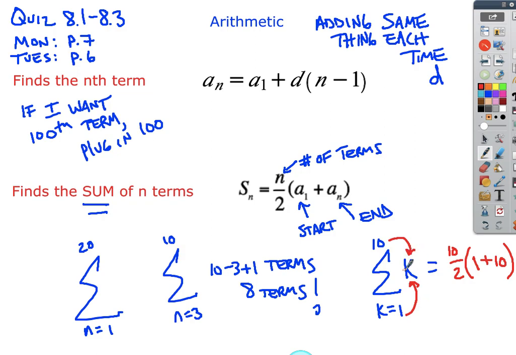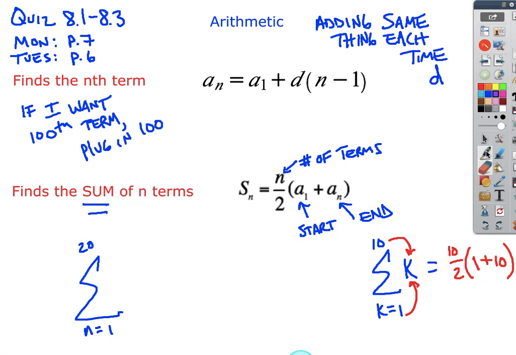Now, sometimes it could be a little bit more complicated. So let me erase and I will build onto this previous example. Let's say we have 3n minus 2, and the whole thing is in parentheses. If I'm going to sum that up, there are 20 terms, so 20 divided by 2.